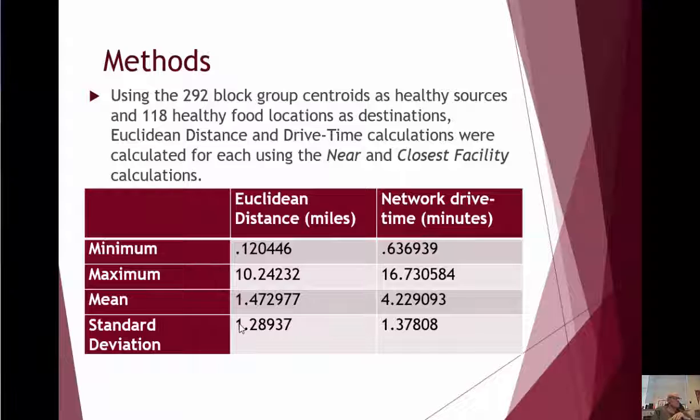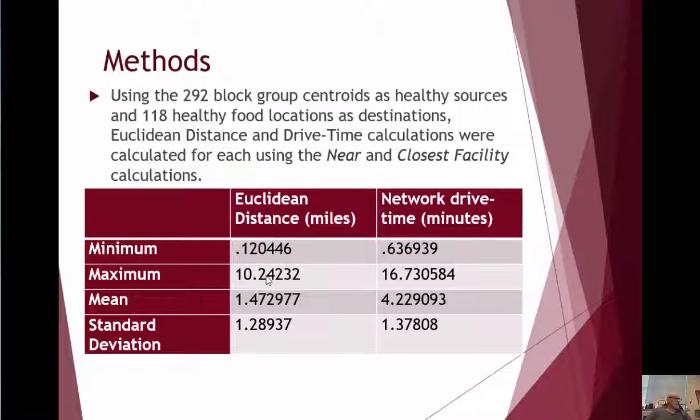X marks the spot in the middle, and we calculated the drive time using what we call the near function to do Euclidean distance, and something called the closest facility, meaning I want to type in Bank of America on my phone, find the nearest Bank of America, and drive me there and tell me how long it's going to take me to get there. And do that while we're at it 292 times to 116 possible healthy food locations, which we've defined as supermarkets in Guilford County, even though they do offer unhealthy food.